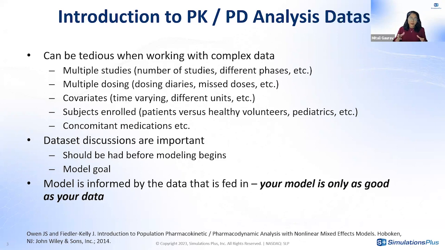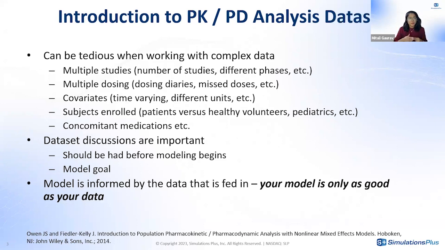Say you have a few studies from phase 1, a few from phase 2, and a couple from phase 3. When you are trying to pull all these studies together into a very harmonious data set which can be used for modeling, it can pose some tedious challenges, and you need to make sure you have your imputation rules in place which can be carried forward through all your different studies.